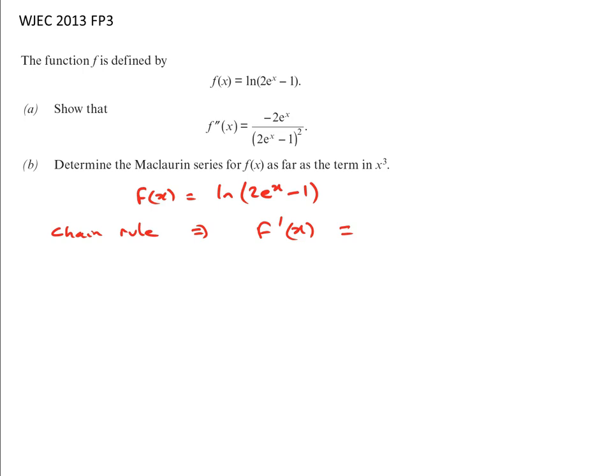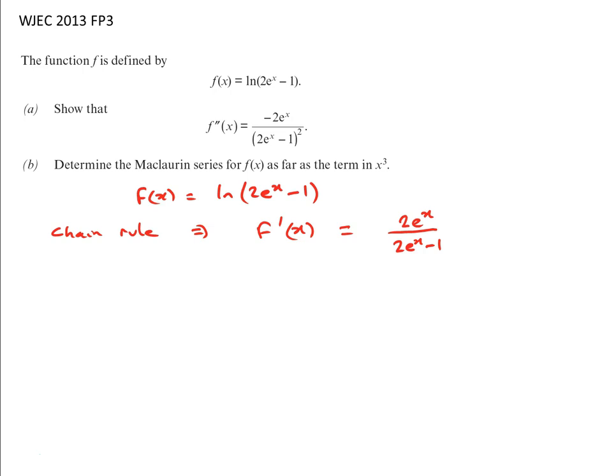The derivative of logarithm of something is 1 over that something. So using the chain rule, the derivative of the natural logarithm of 2e to the x, take away 1, is 2e to the x times 1 over 2e to the x, take away 1. In other words, 2e to the x over 2e to the x minus 1.